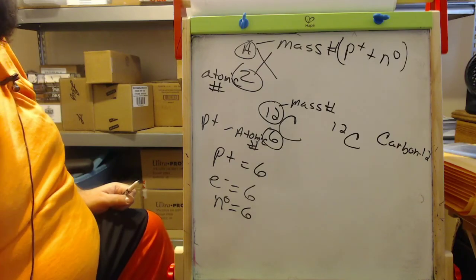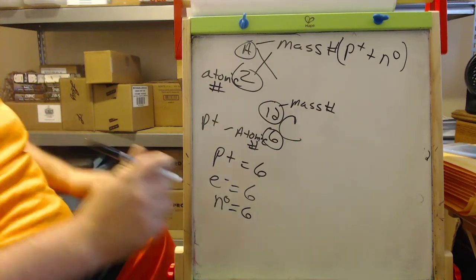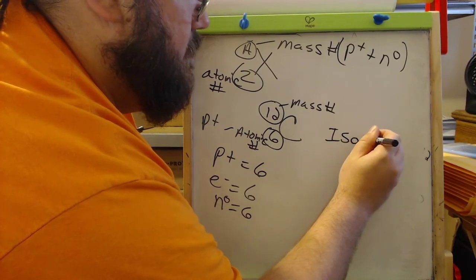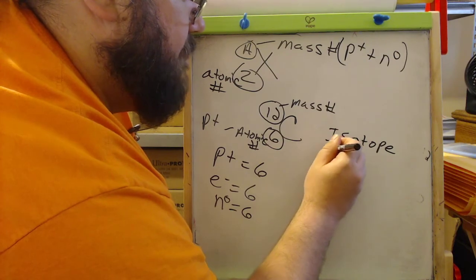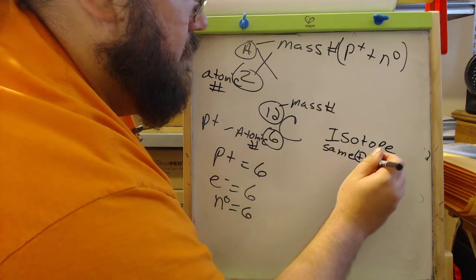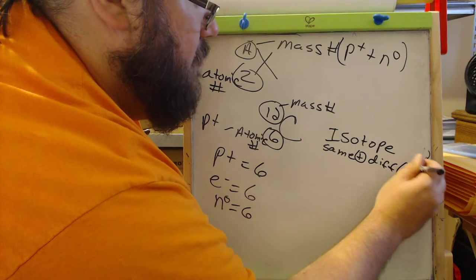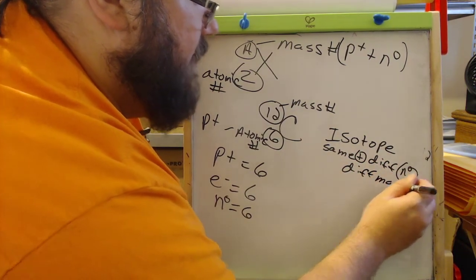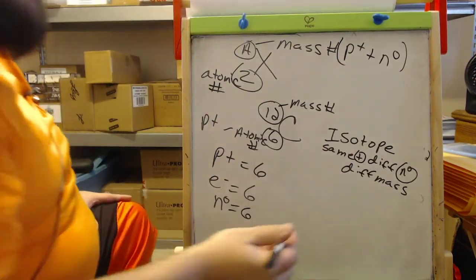Now, there are different terms to talk about. An isotope has the same number of protons, a different number of neutrons, and therefore a different mass.